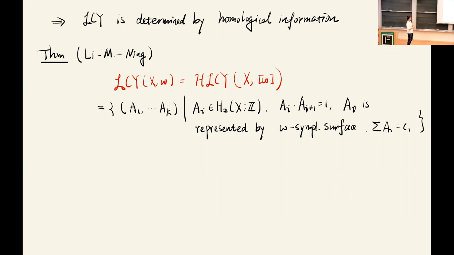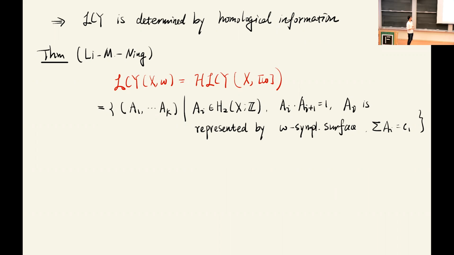It's basically just a sequence of second homology classes, A1 up to AK, where two consecutive ones intersect by 1, and there are no other intersections between them. And each second homology class Ai is represented by some symplectic surface. It doesn't have to be a surface a priori. And the sum of the Ai is the Poincaré dual of the first Chern class.